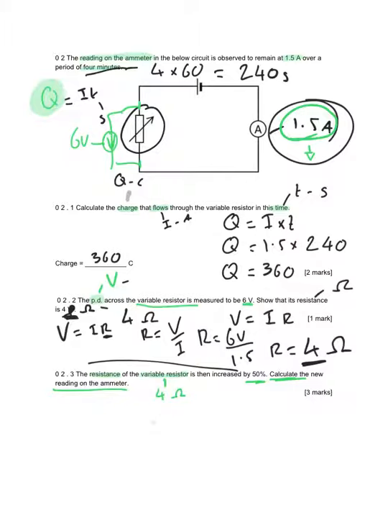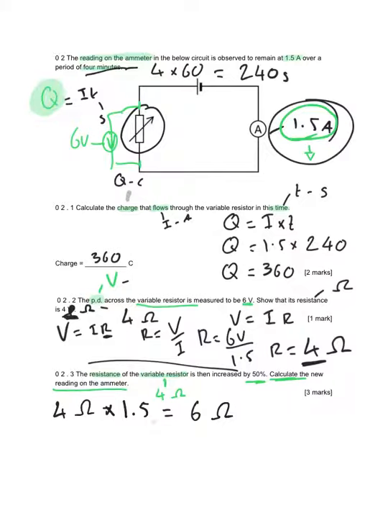So let's go ahead and do this. I know in the first instance that my resistance was 4 ohms. And I need to think about how to increase by percentages. To increase something by a percentage, we're looking for a number that's 1 point something, and it's 50% here, so it's 1.5. So 4 times 1.5 equals 6 ohms.